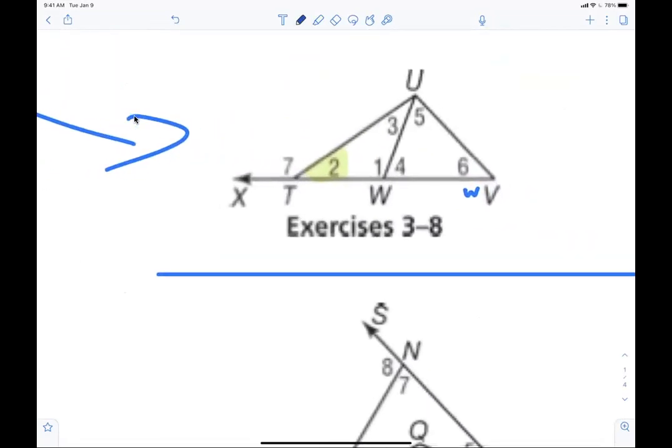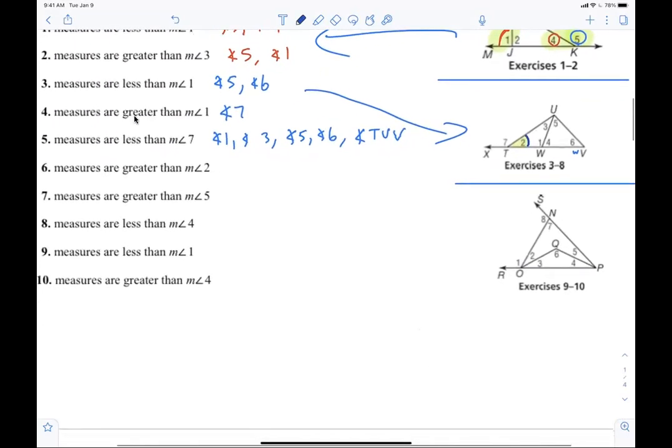Look at angle 2. What's the exterior angle for 2? Right? All right, here we go.